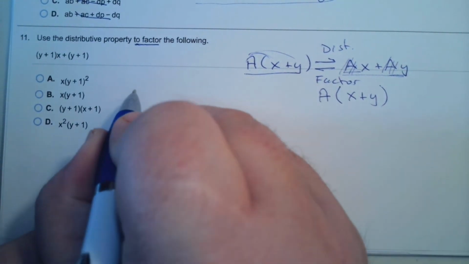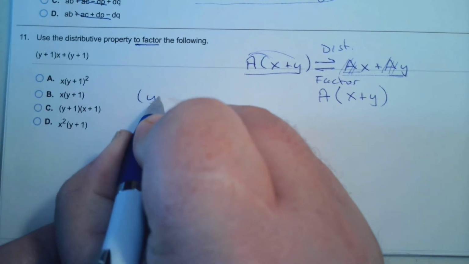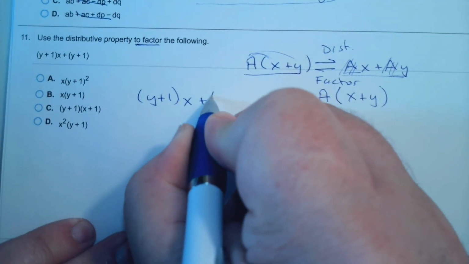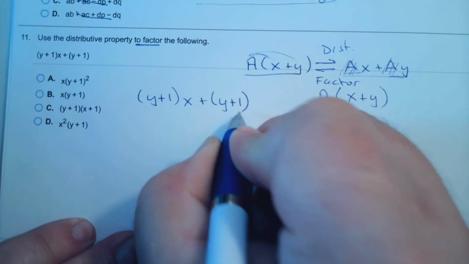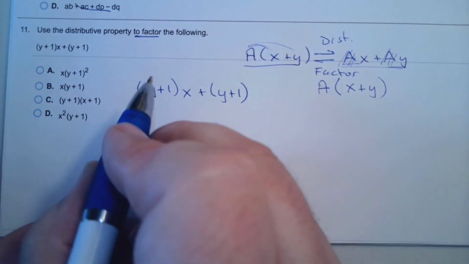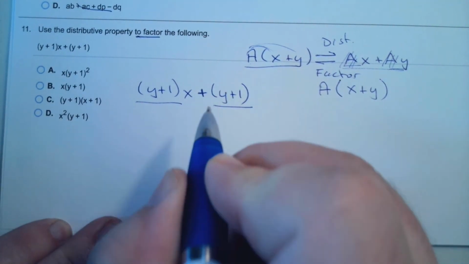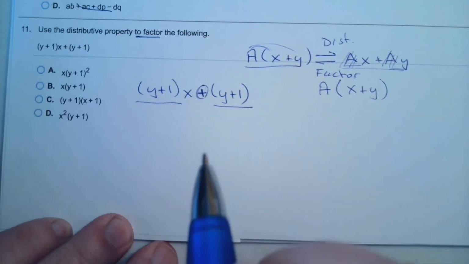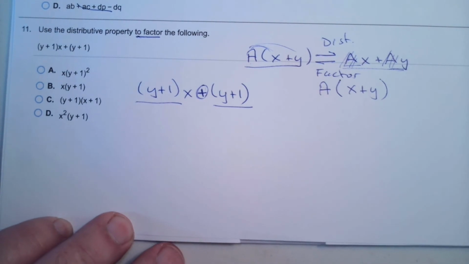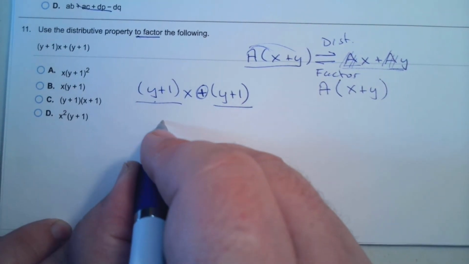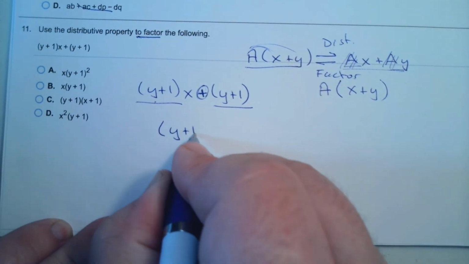So let's look at what we have here. We have (y plus 1) times x plus (y plus 1). We have two terms, because remember, a term is anything separated by a plus or minus. And there's the plus. So we have two terms. What do they both have in common? They both have a y plus 1.